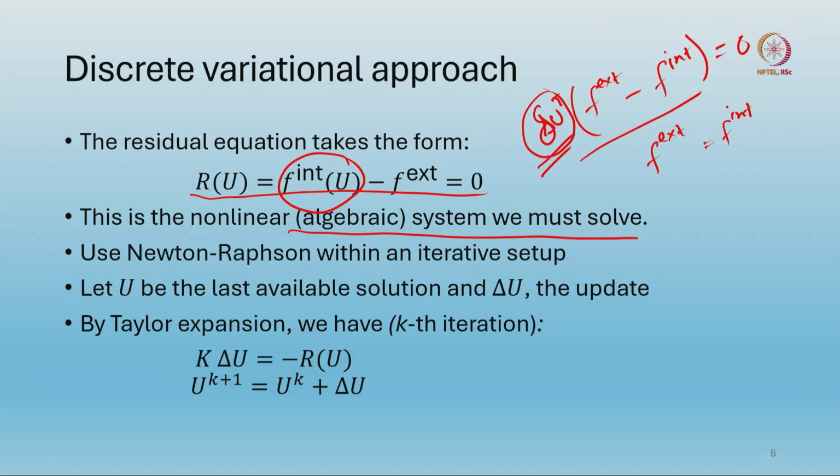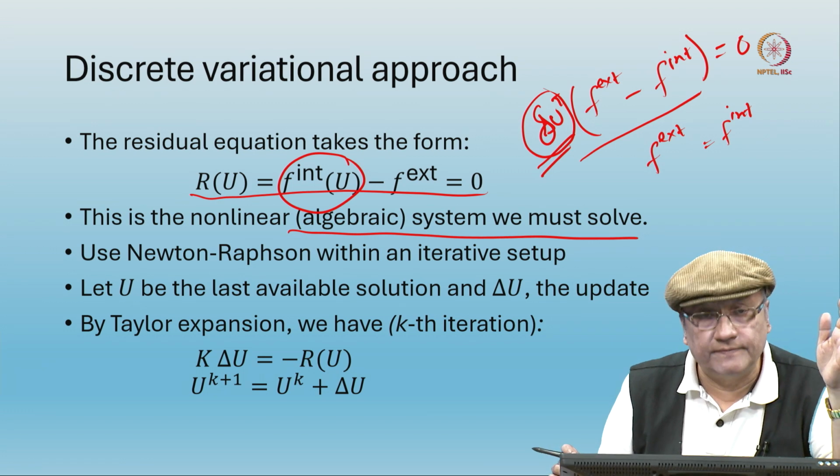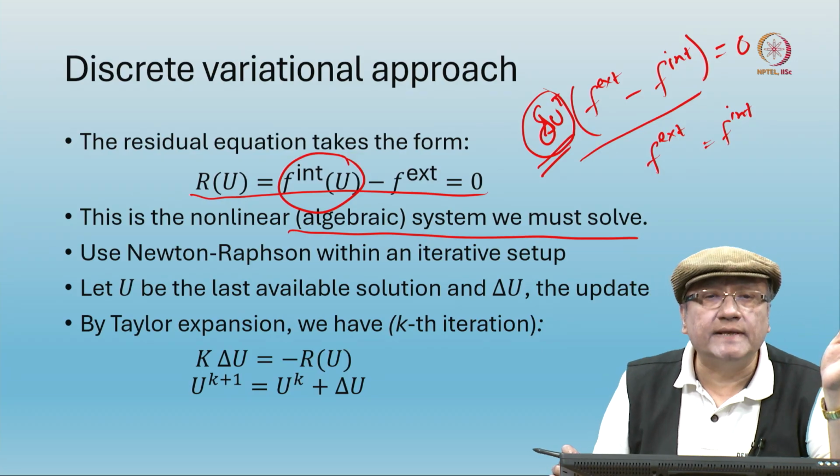So a nonlinear algebraic equation is typically solved by the Newton-Raphson method. We need to recap that a little bit. The Newton-Raphson method for the solution of a nonlinear algebraic equation is an iterative principle based on Taylor's expansion.